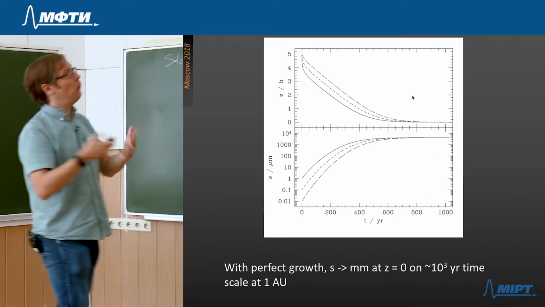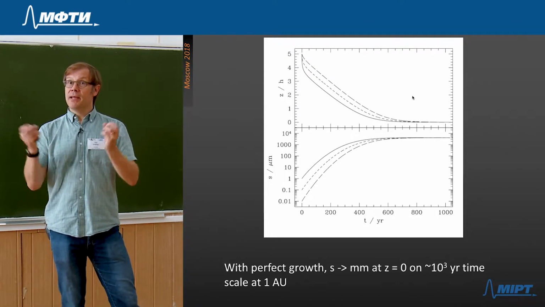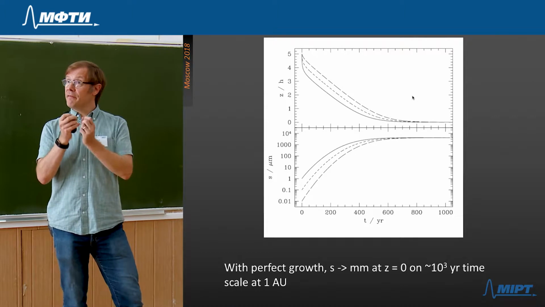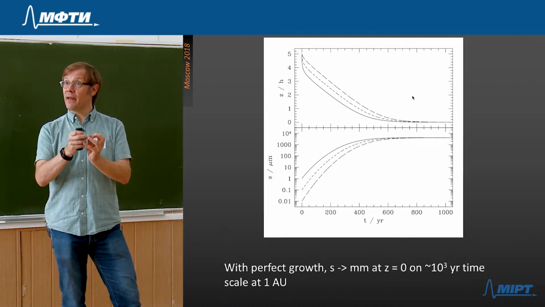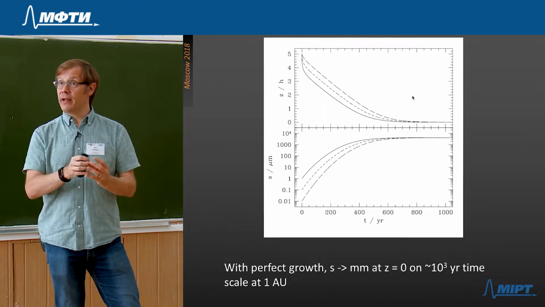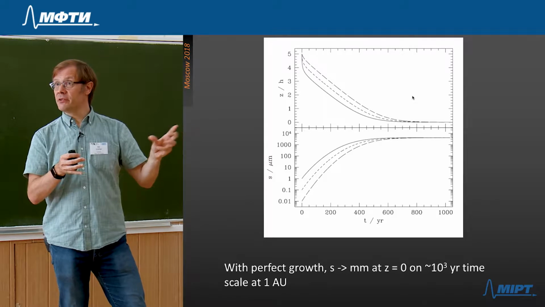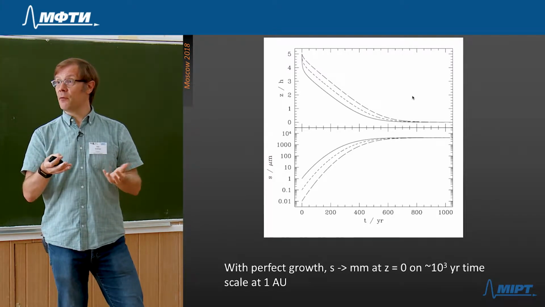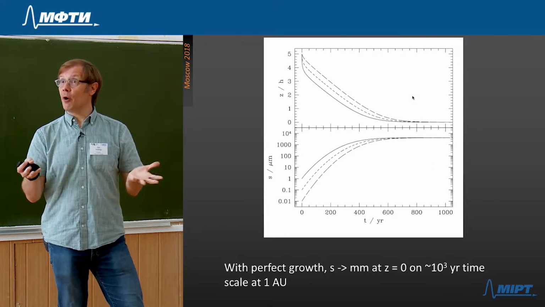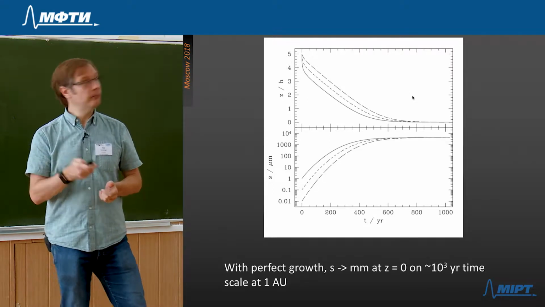So, this is a very toy model, but one thing it immediately says is that if particles can be fairly efficient at physically sticking together when they collide, the basic timescales on which very small things can grow at least to small macroscopic dimensions, sort of the size of millimeters and so forth, is basically not a problem, right? Things can happen quite quickly within the disk environment.